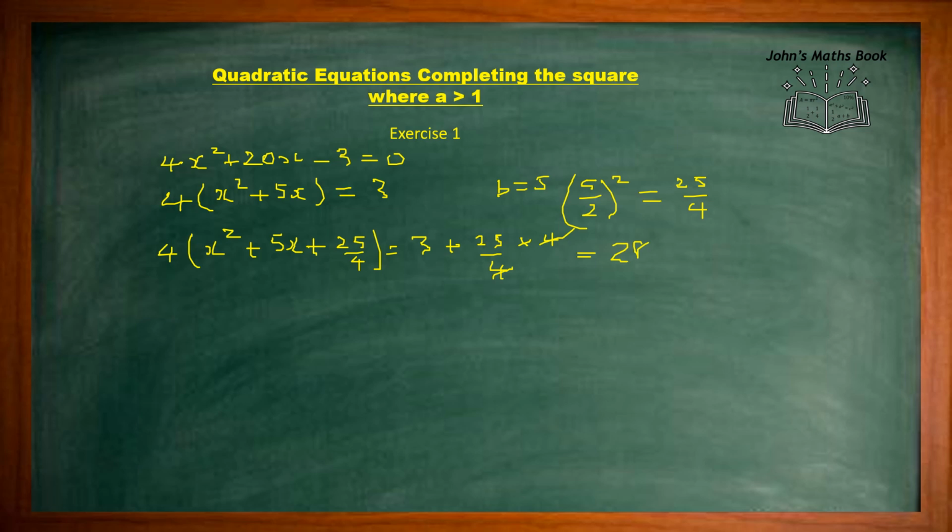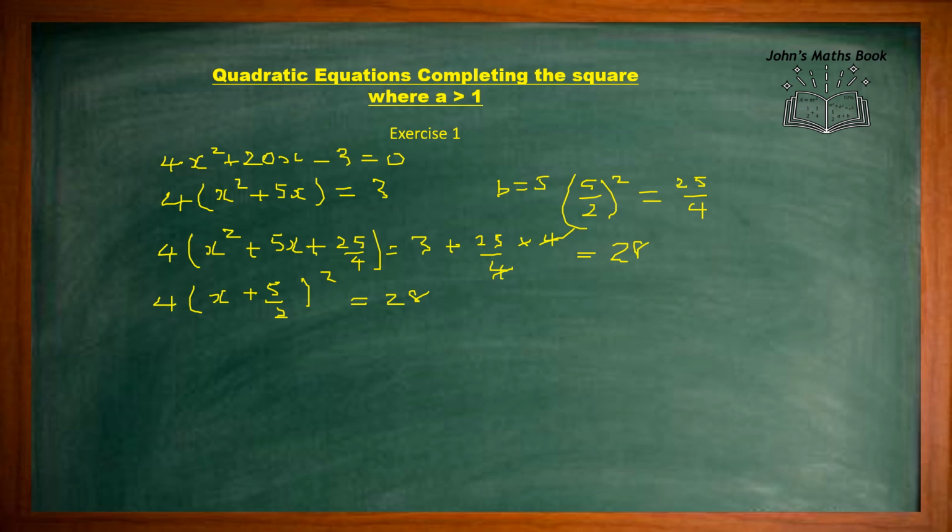So on the left-hand side, the bracketed part is a perfect square trinomial. So we can now write that as 4 into x plus 5 divided by 2, all squared, is equal to 28, where 5 is b, the coefficient of the x term, divided by 2.